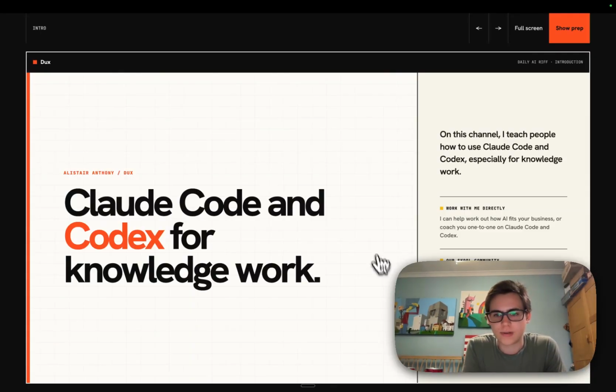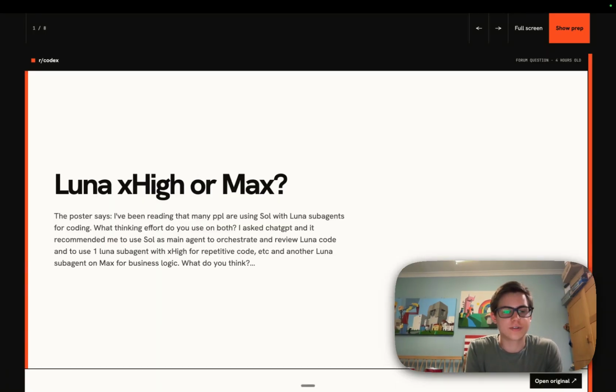But now that the preliminaries are out of the way, let's dive into the questions. Essentially, the way this works is that during the day, Codex goes out and finds questions from various forums on the web related to AI, or it finds interesting news articles relating to AI, and puts them into a research board for me.